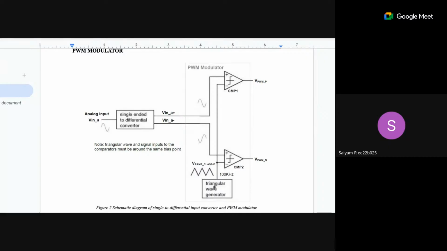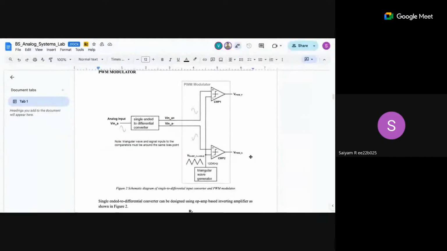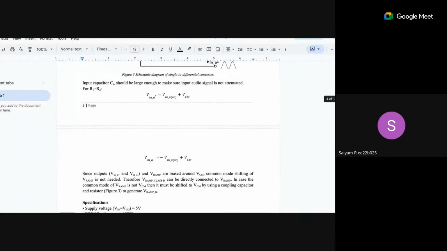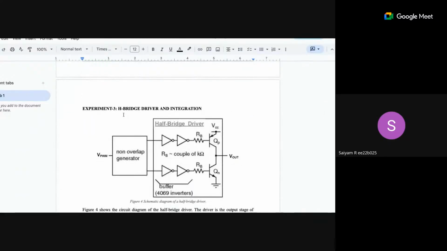By comparing a sinusoid with a ramp, you end up with a PWM signal. You do that for both phases, and you get PWMP and PWMN that you use in the half bridge driver, which is your third experiment.